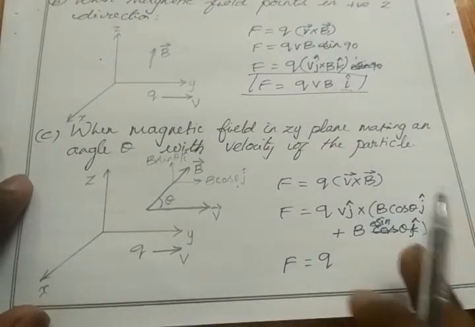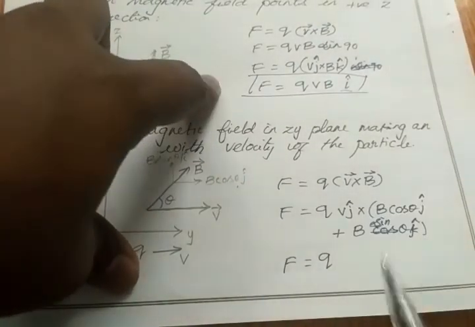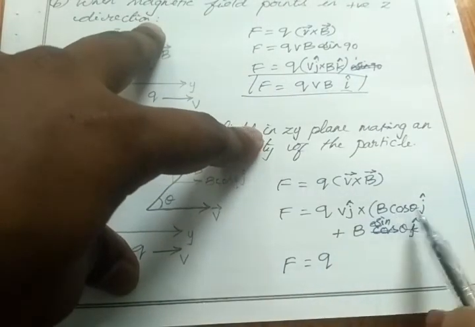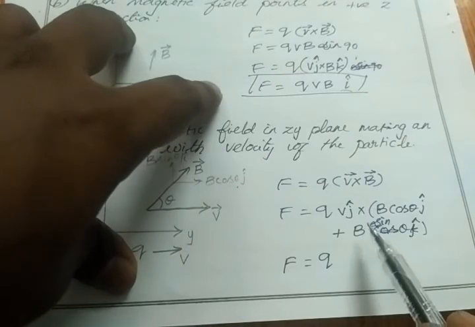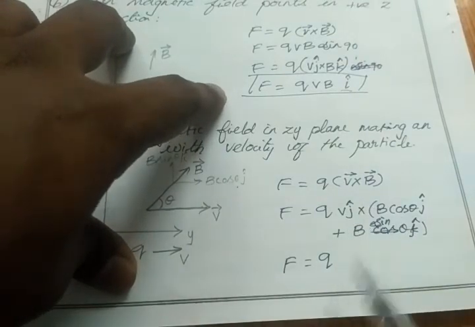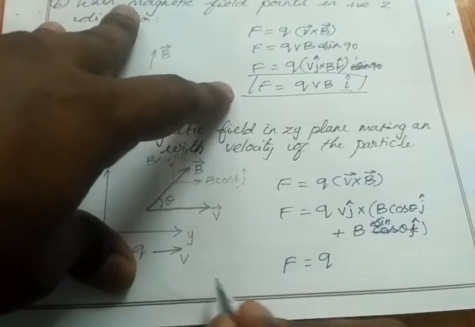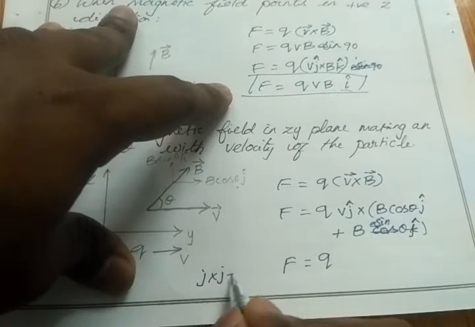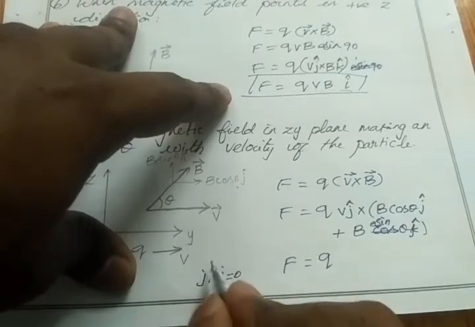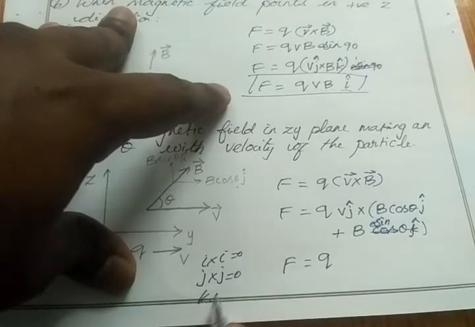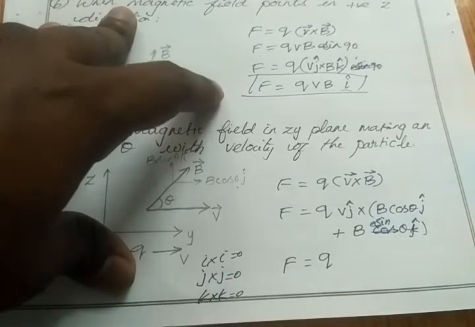If we solve this using the cross product properties, we have Vj and B cos theta j, right? By using the properties of the cross product, j cross j will be equal to 0. Similarly, i cross i equal to 0, k cross k equal to 0.